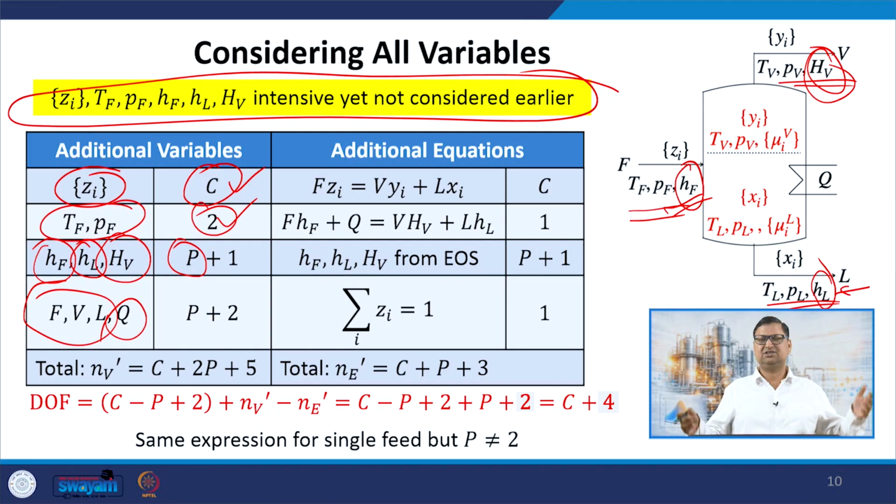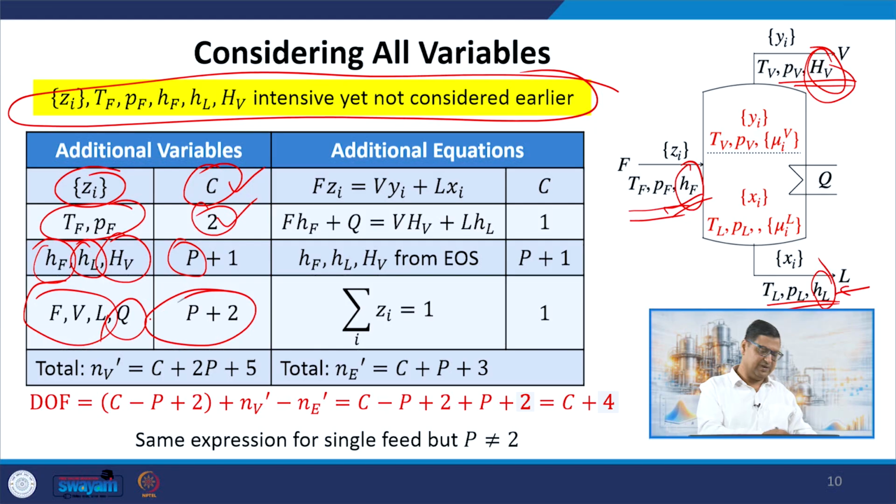So, let us say there are 3 liquid phases. So, you have 3 outlets for 3 liquids, right. But in this case there are only 2 outlets, because in this case P is equal to 2, right. All right. And then similarly, these variables are also P plus 2. There are two phases here, and there is additional feed and heat supplied.